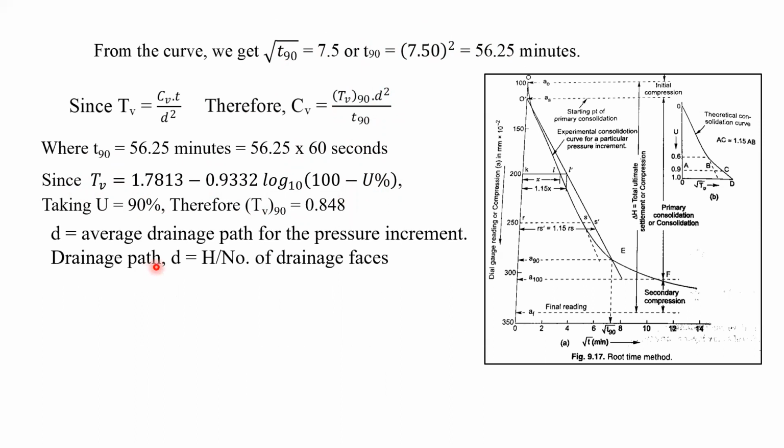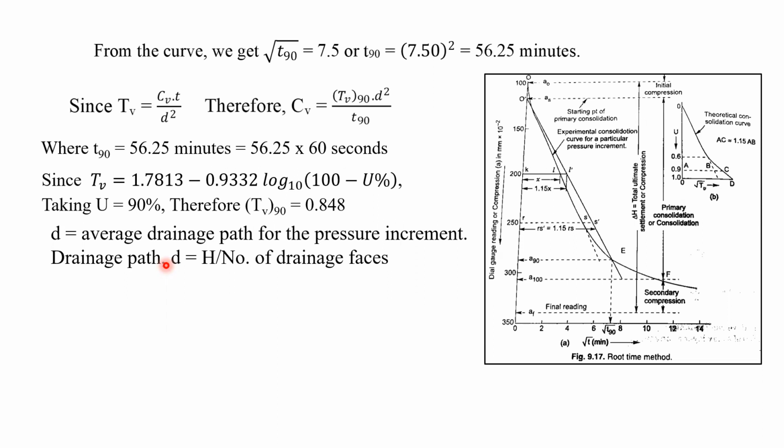So drainage path, let us take an example. Suppose below the ground level, one clay layer is there, and above the clay layer, a sand layer is there, which meets the ground surface. That means, suppose below the ground level a sand layer is there, then a clay layer, and again after the clay layer, a sand layer.